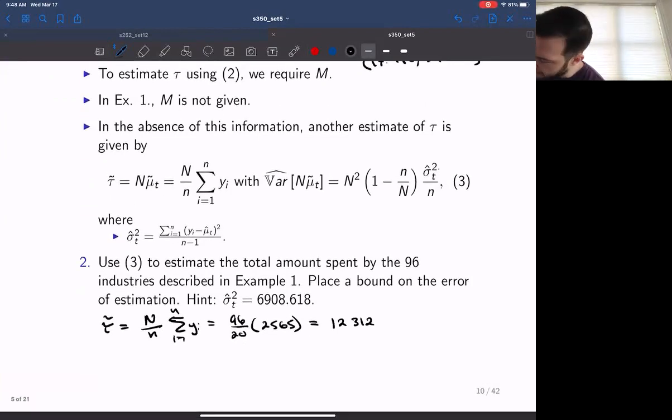Okay, and then if we want to bound this, the bound is equal to 1.96 multiplied by the square root of the variance of tau tilde.